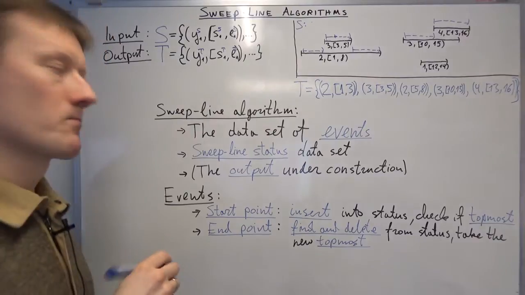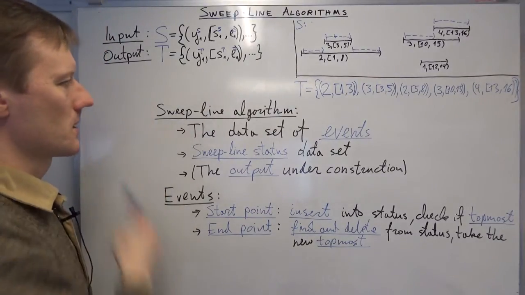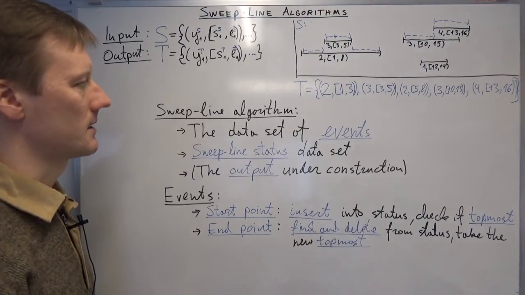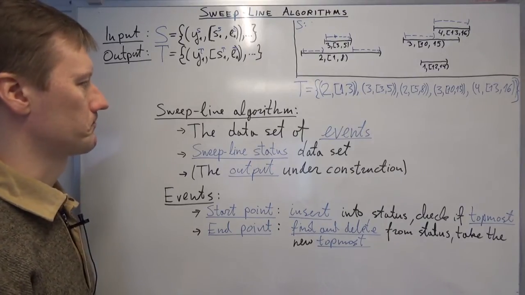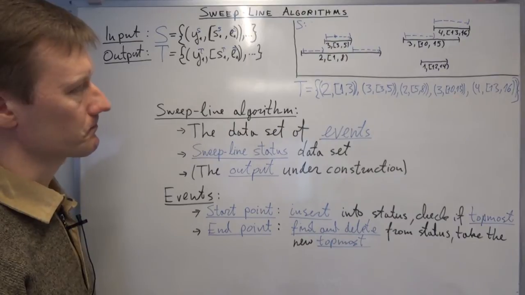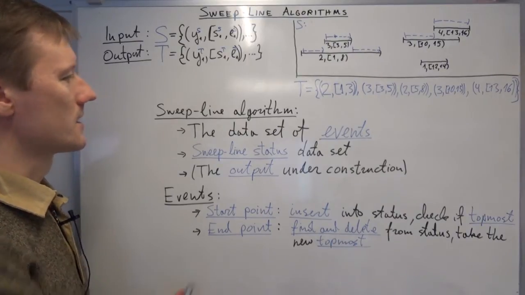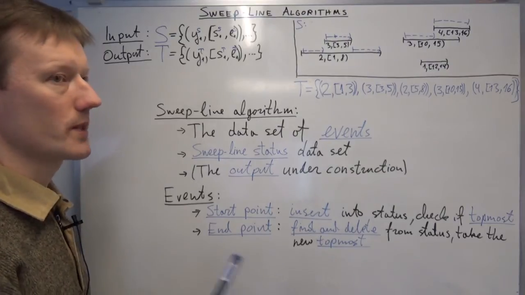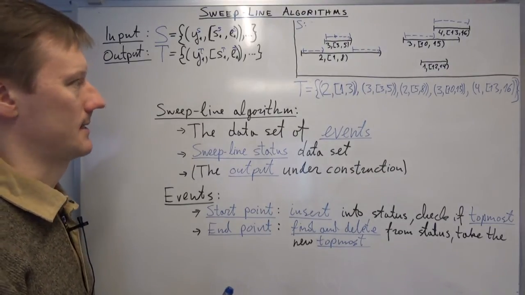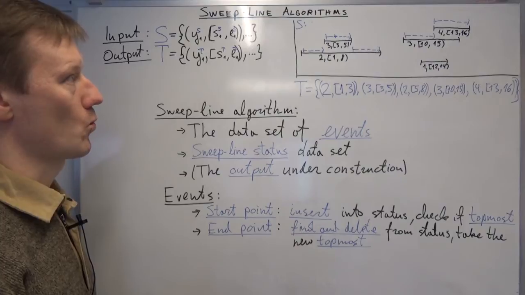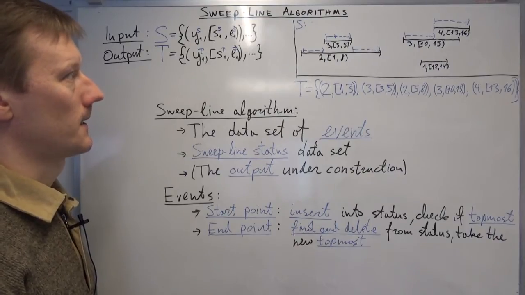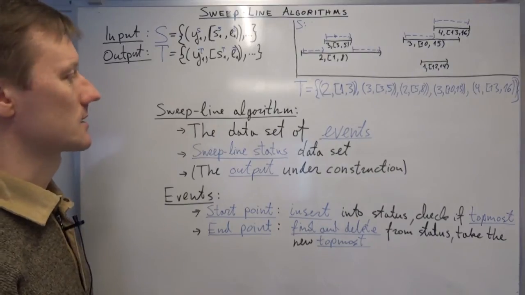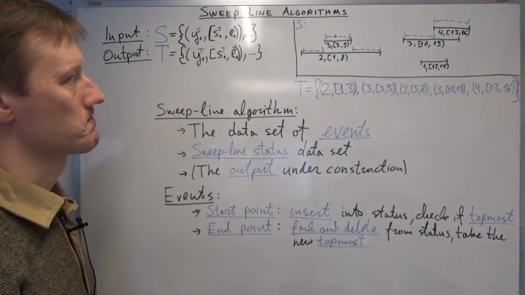And then three kinds of data sets are usually maintained in a sweep line algorithm. The first data set is the data set of events. So when do we have to update our sweep line status? When does the status change significantly?